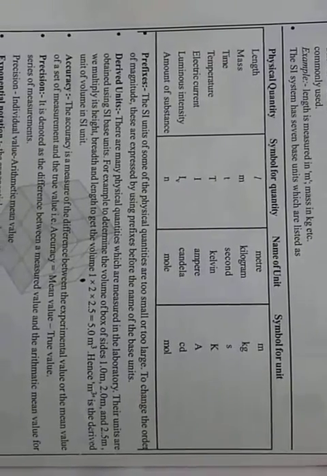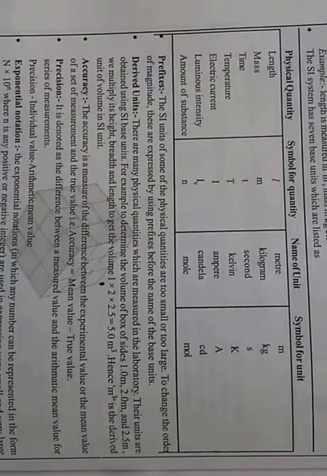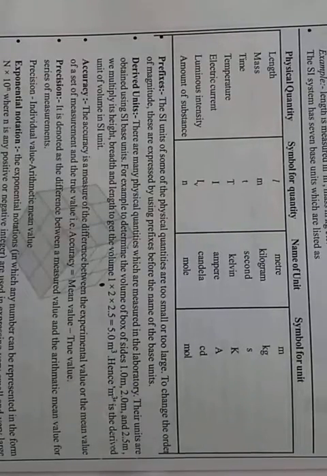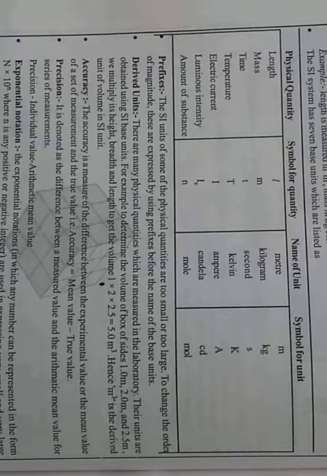Now after studying the derived unit, the terms accuracy and precision. Accuracy in measurement is the difference between the mean value of a set of measurements and the true value. Accuracy is mean value minus true value.